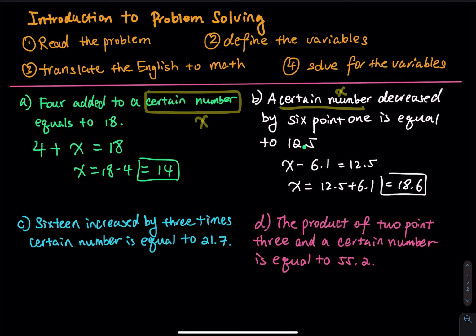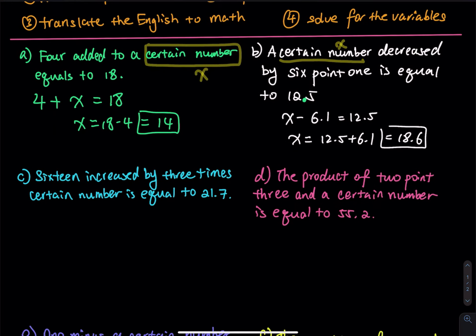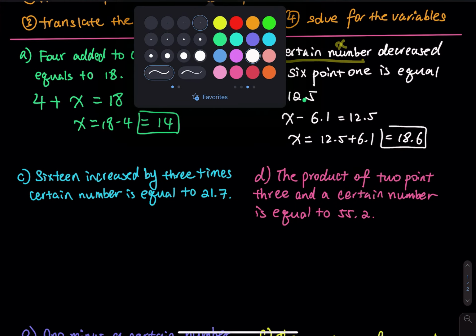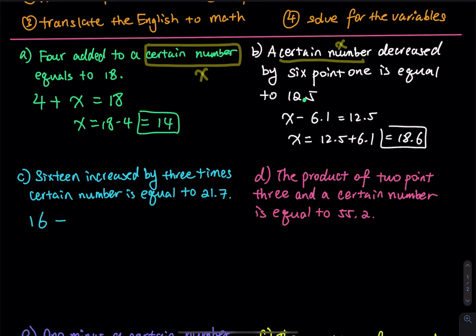And then part C, 16 decreased by 3 times a certain number. So we have 16. So 16 decrease is minus by 3 times a certain number. So 3 times an unknown value, x equals 21.7. And then you just solve it, right?